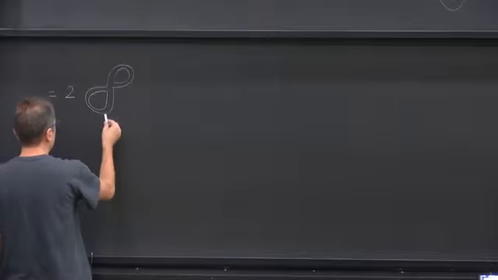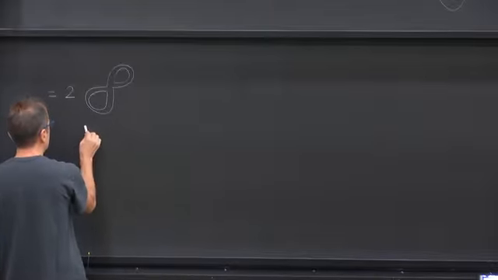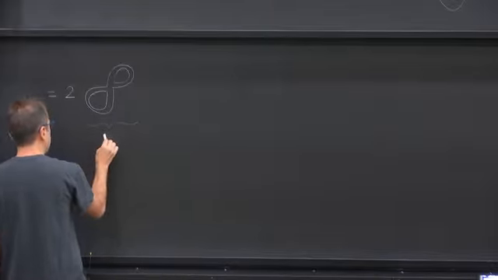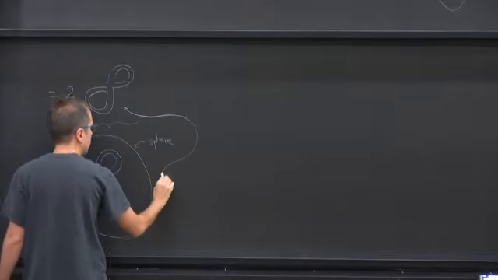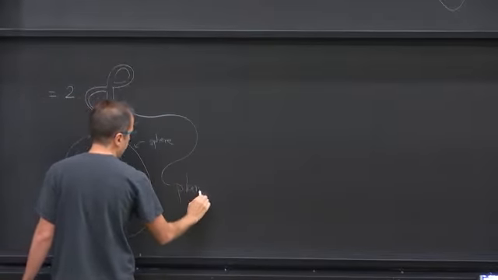And this diagram here is a diagram that I can draw on a sphere. I can just draw it on the face of my sphere, on the plane. Okay. This is just a sphere. And because I can draw it on the plane or on the sphere, this diagram is called a planar diagram.